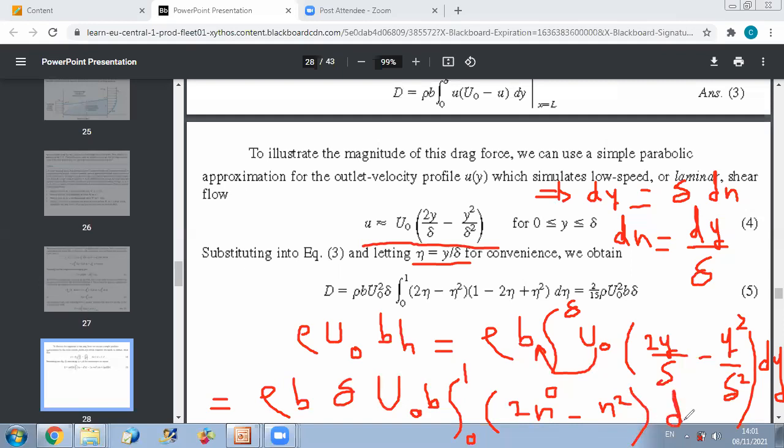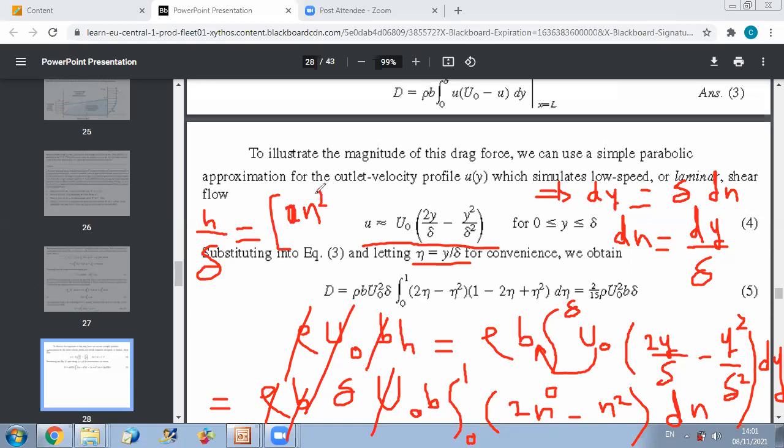Okay, so look here, first rho will simplify, U0 will simplify, b will simplify. I will just have a relation between delta and h. If you integrate this result, you get that h over delta is equal to the integral of 2n, which is 2n square over 2, which is n square.